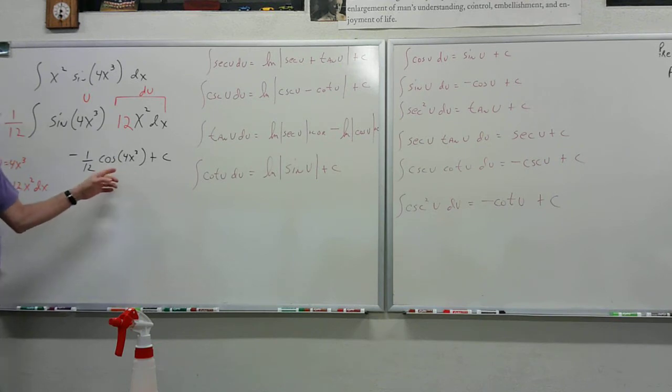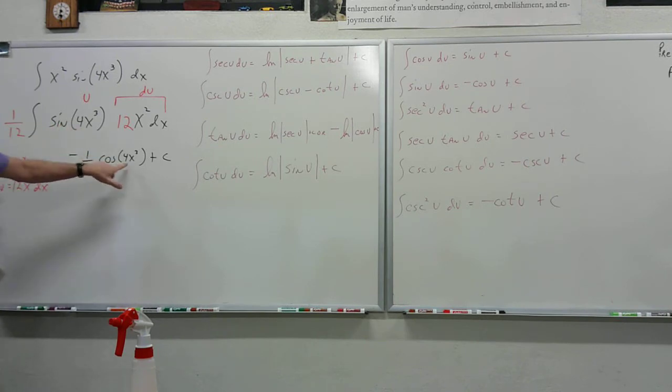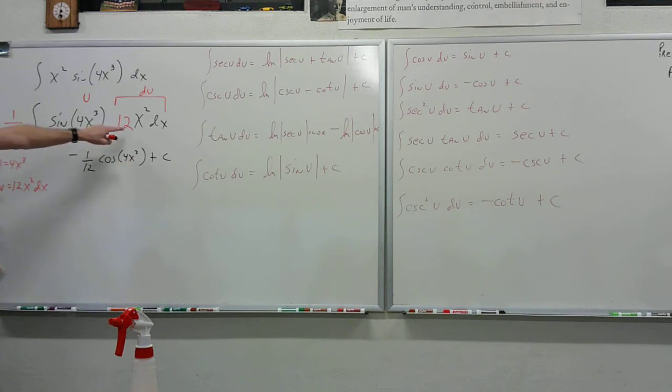So if you take the derivative of that, you're going to get negative sine 4x cubed times negative 1/12 times the derivative of that. So if you want to check it, you can take the derivative of this and see if it really turns it back into the very original. All right? Is that okay? But your question here is good because you're thinking, well, what? But this was the original part. And the derivative of it gave you that on the end.